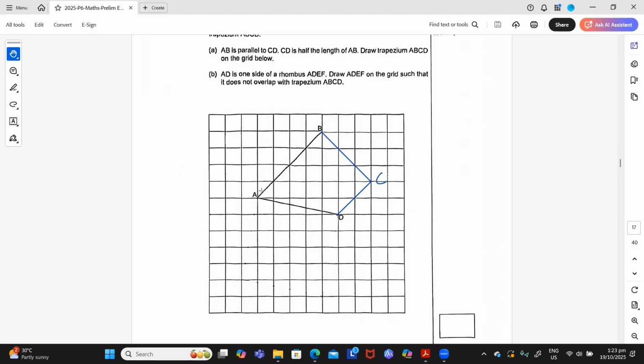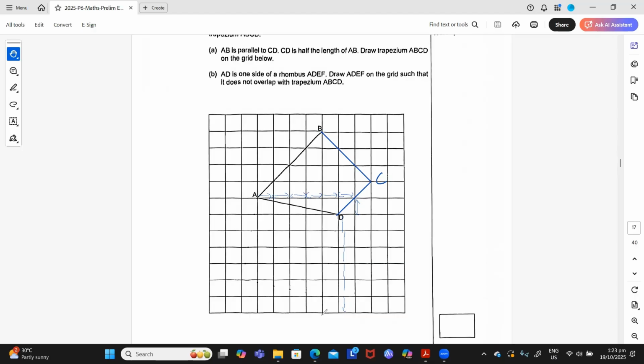Okay, so how will you draw this? So if you realize, this one goes 1 unit, 2 units, 3 units, 4 units, 5 units, 6 units to the right, and then 1 unit down. So over here you can do the same: 1 unit, 2 units, 3 units, 4 units, 5 units, 6 units.